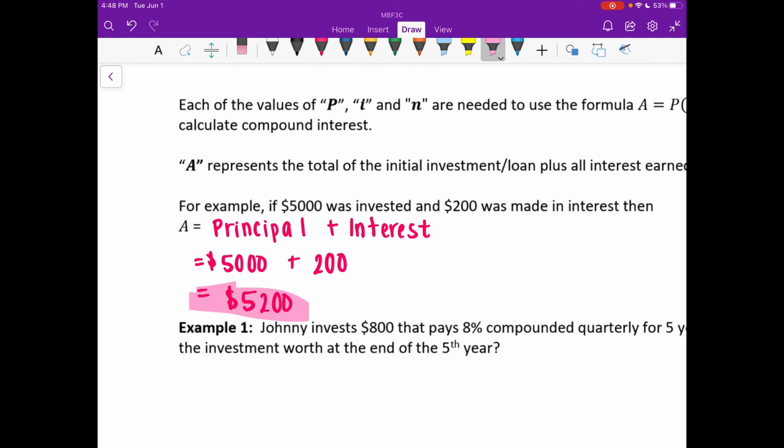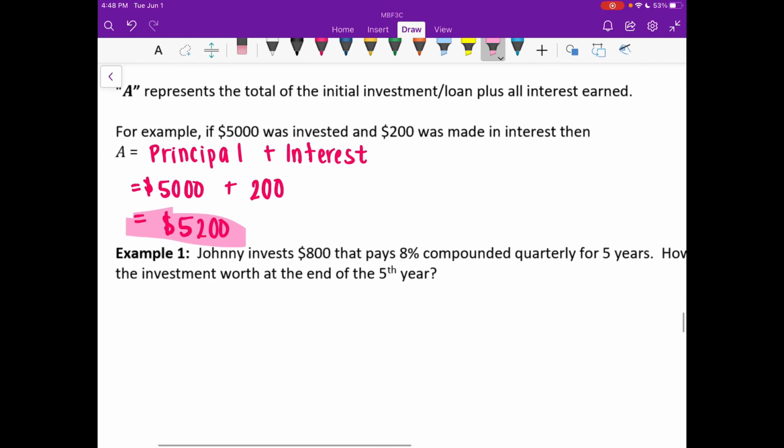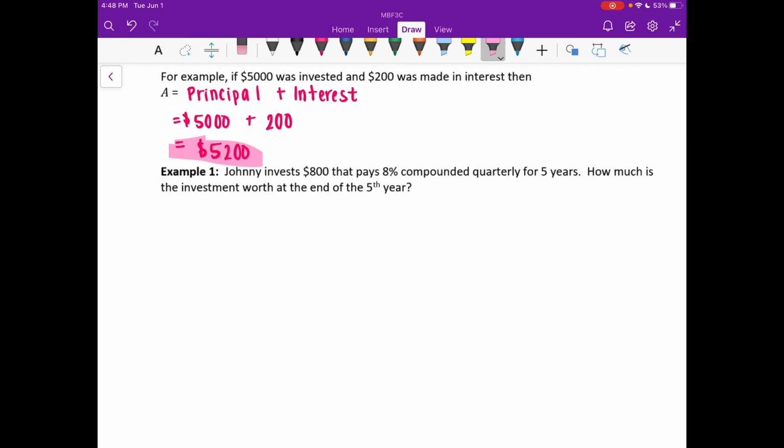So now let's take everything we've learned and put it all together so that we can find what our interest plus our principal value is. Let's make this so that we can find what our final amount is going to be. And let's also compare this to simple interest.